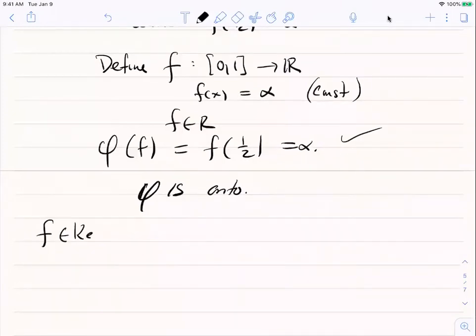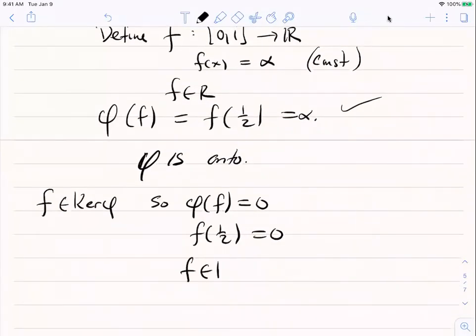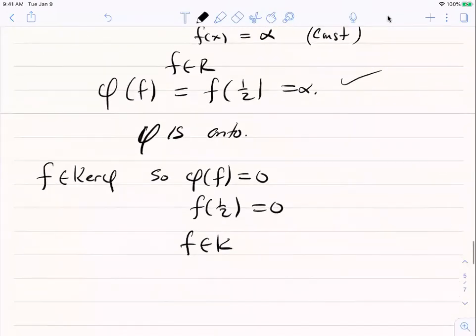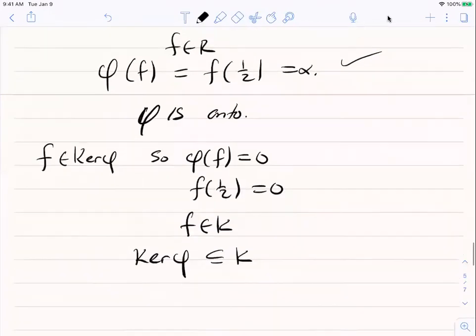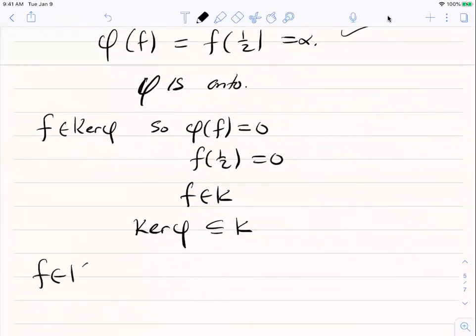Let's say that f is in the kernel. So phi of f is 0, the additive identity. That means that f of 1/2 is 0. That means that f is in K by definition. So I've shown that the kernel of phi is a subset of K. Half my task. What if we took f in K?